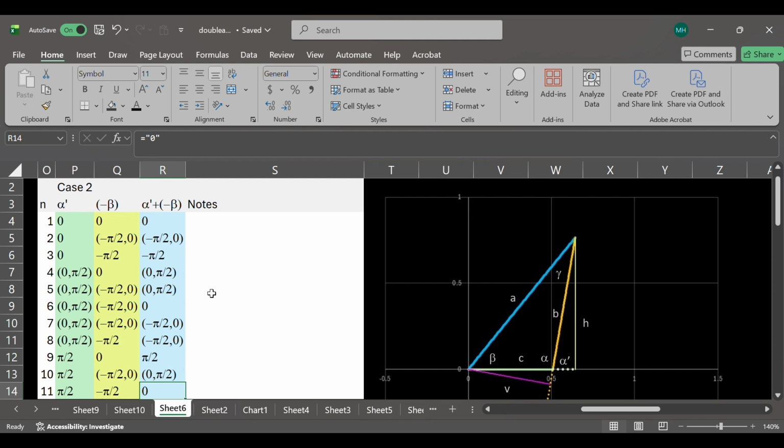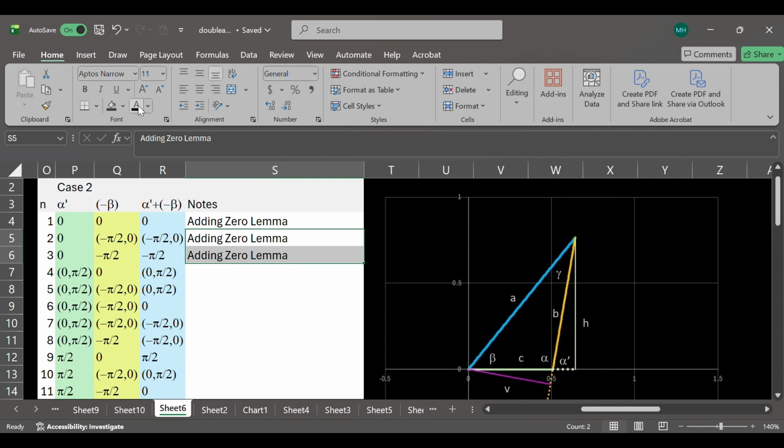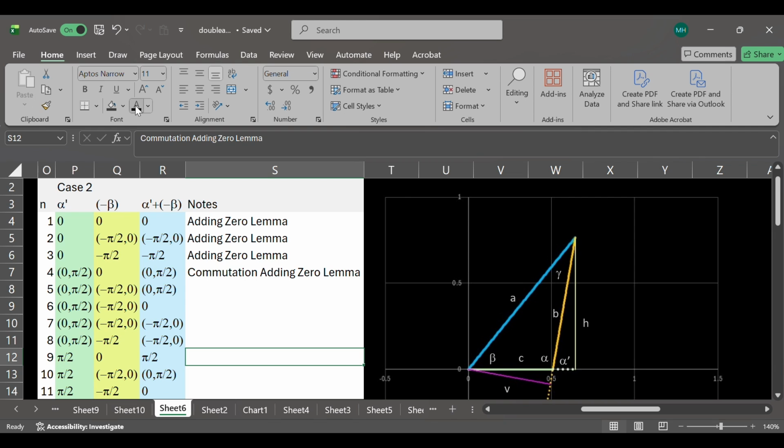Okay, so let's go through these cases and think about, well, what rules can we use? One we've already done. That's the adding 0 lemma. In fact, the first 3 are the adding 0 lemma. And then 4, that's a commutation of the adding 0 lemma. 9 is a commutation of the adding 0 lemma.